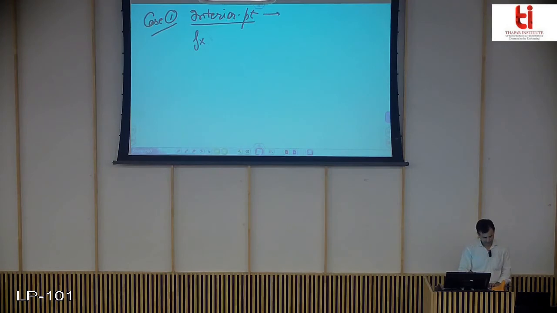Partial derivative fx is 2x plus y minus 6, and partial derivative fy is x plus 2y. To get the partial derivative, I am not writing much of the theory. We have done it in the previous example. I am just coming to the point.